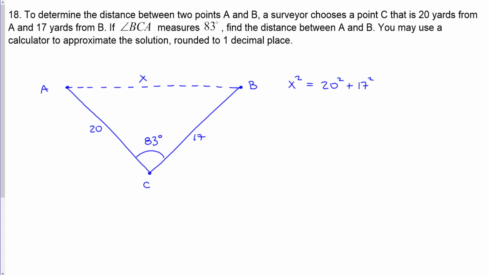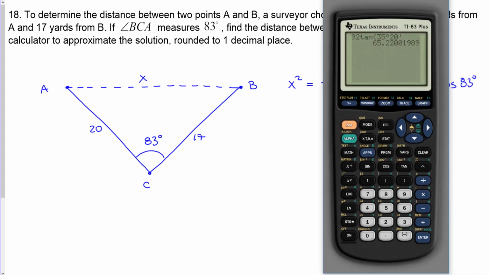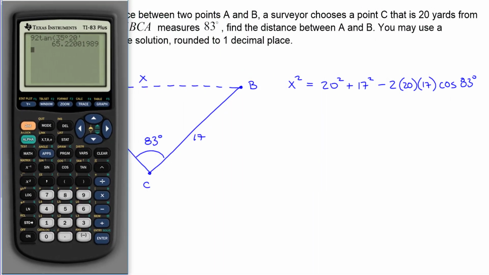And if you don't have a right triangle, you have to do this part. You have to say minus 2 times 20 times 17 times the cosine of the angle between them. Okay, so then we'll get out the calculator and come up with an approximation.